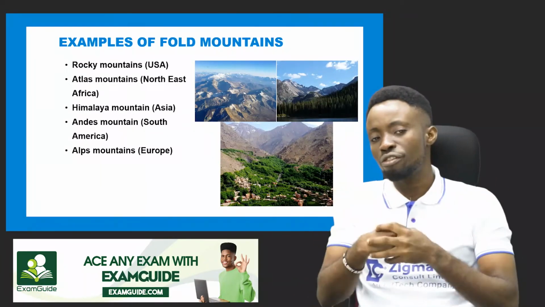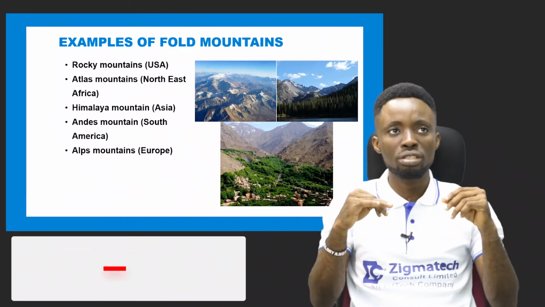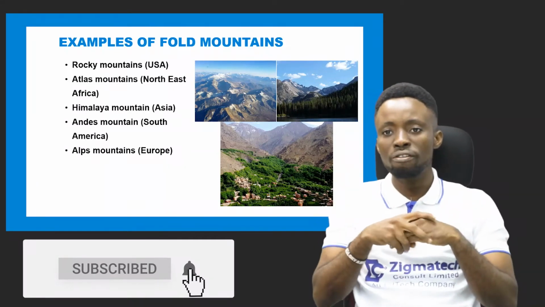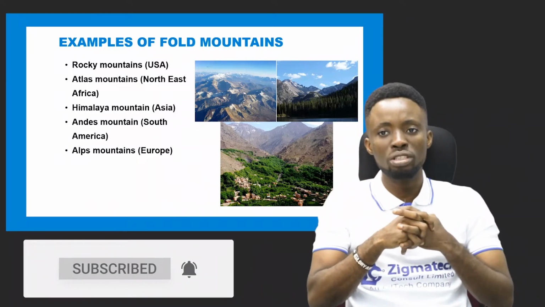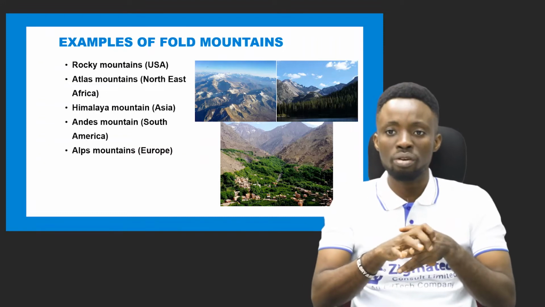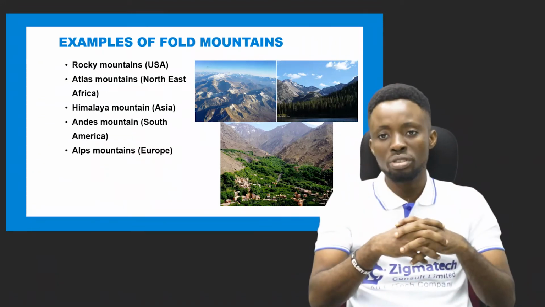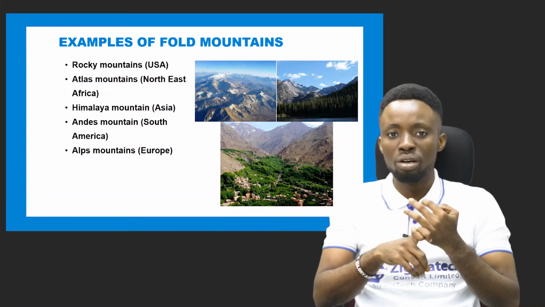So examples of fold mountains, we have different examples of fold mountains in the world. Now, the first example of fold mountain we have here is the Rocky Mountain in the United States of America. In Africa, in Morocco to be precise, we have the Atlas Mountain.